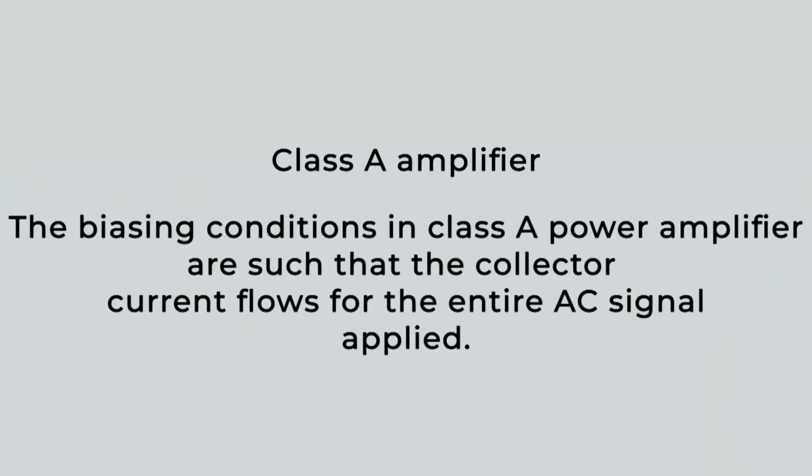First one is class A amplifier. The biasing condition in a class A amplifier or class A power amplifier is such that the collector current flows for the entire AC signal applied.